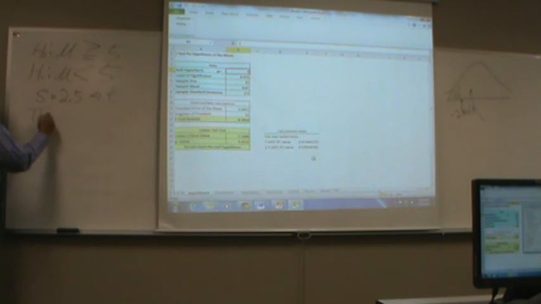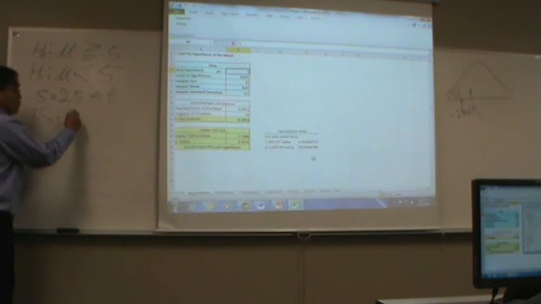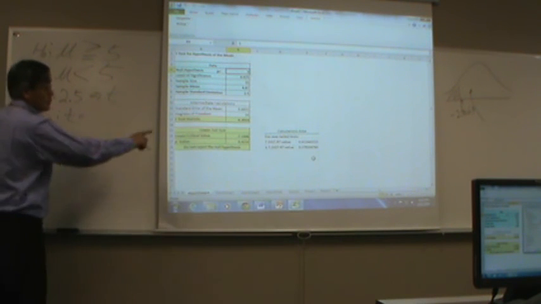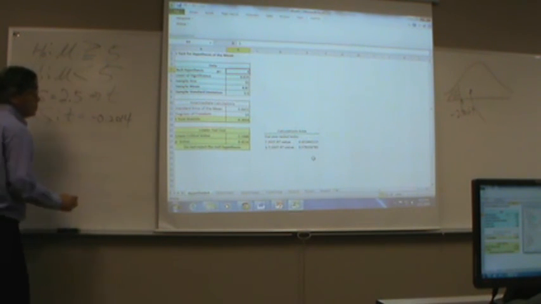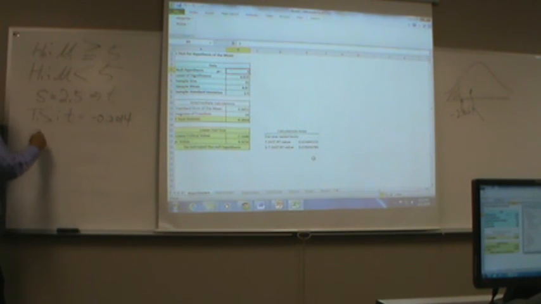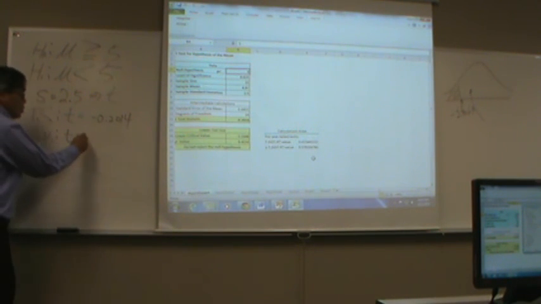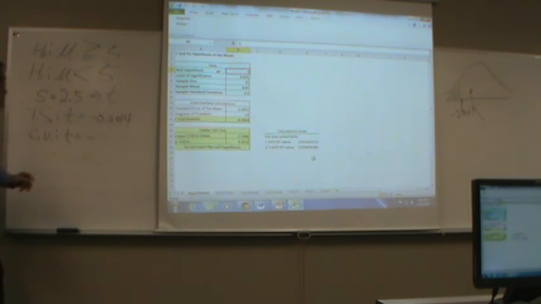Test statistic T equals negative 0.2014. Critical value T equals negative 2.1448, because it's left tail, lower tail, it should be negative.